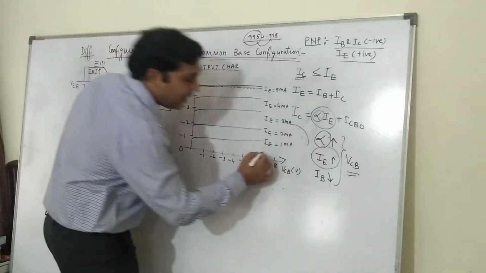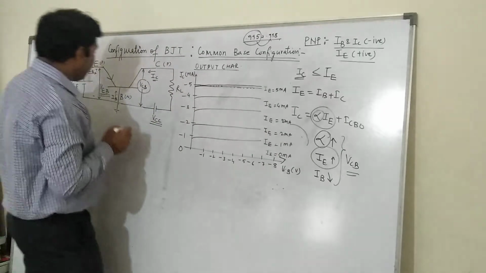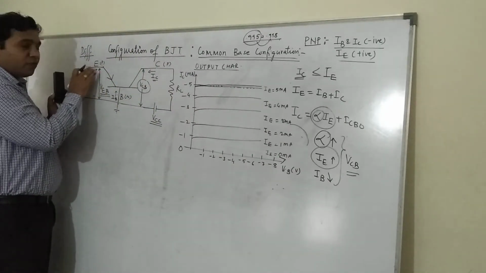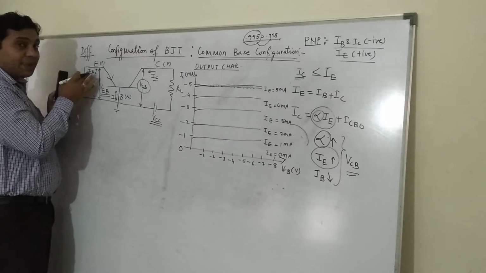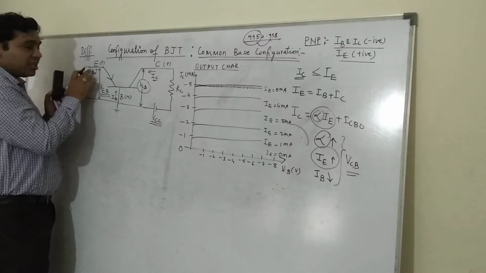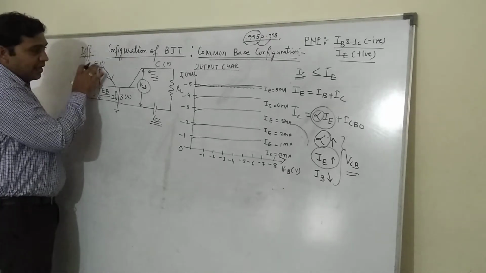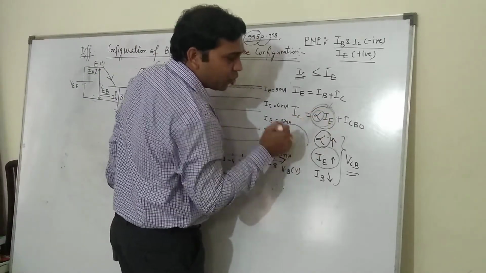Now, if IE equal to 0 milliampere, meaning this is open, you have not applied any bias here, or this junction is in reverse bias, let's say. Since IE is 0, the first component in IC will become 0.